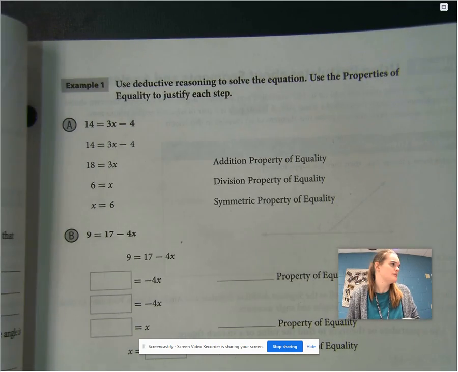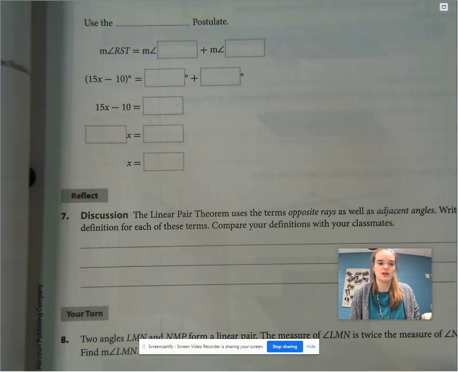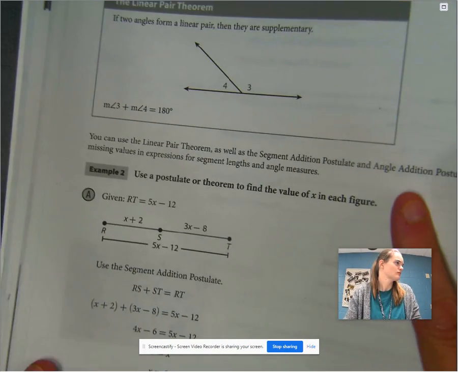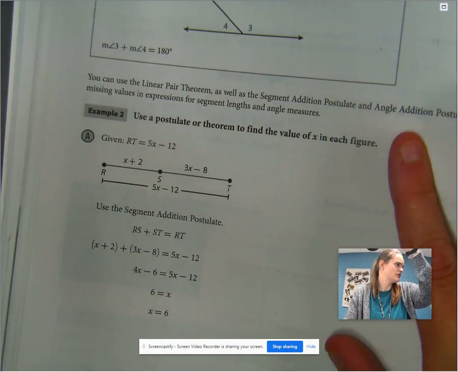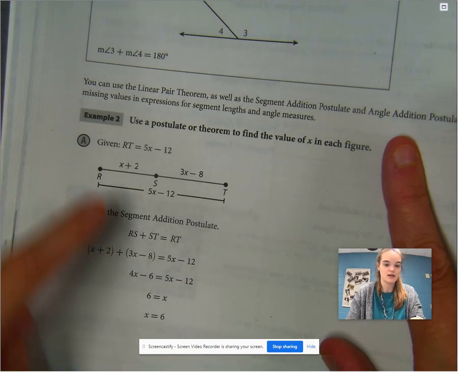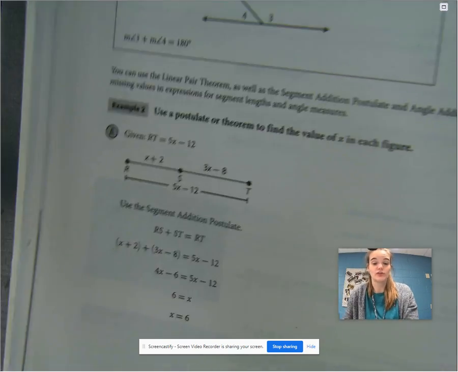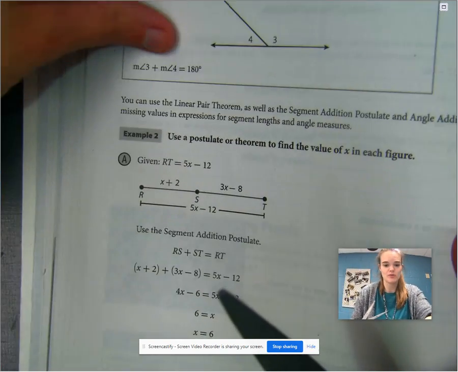Okay, on page 48 of your textbook, there is this little example right here. I need you to be very careful. Do not tear it out. There's a reason you're not tearing it out. You'll find that out tomorrow.